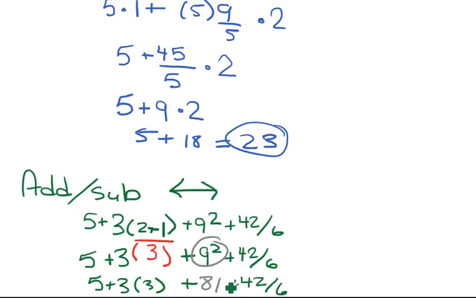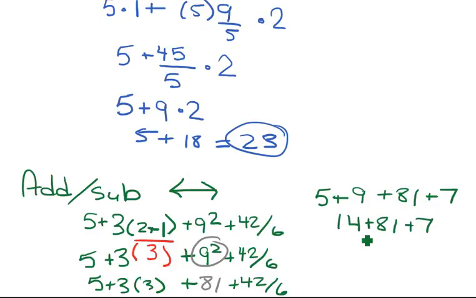Next, we do our multiplication, left to right. So it would be 5 plus 9 plus 81 plus 7. Now, seeing that we all have addition, that'd be 14 plus 81 plus 7, which would be 95 plus 7, which would be 102.